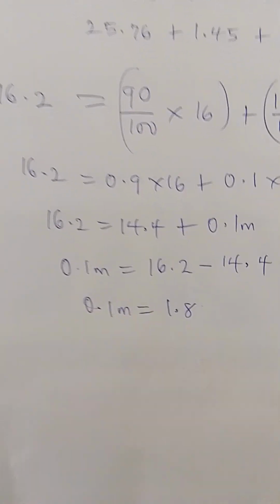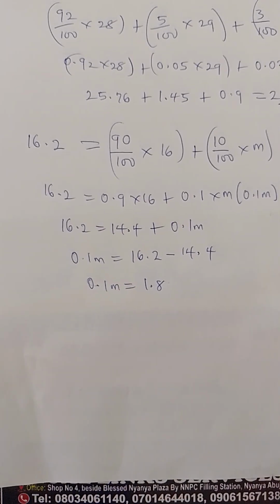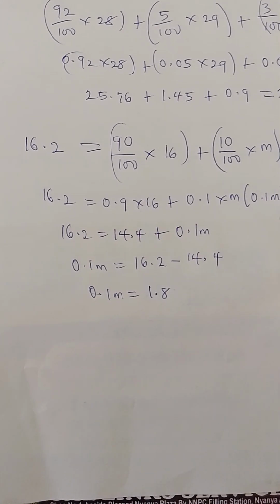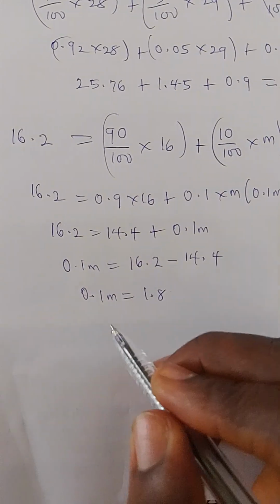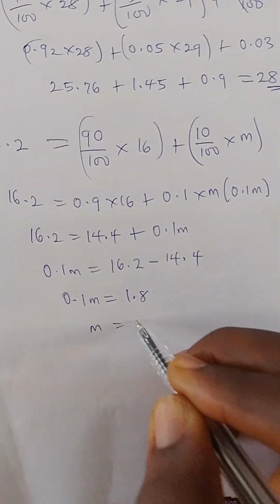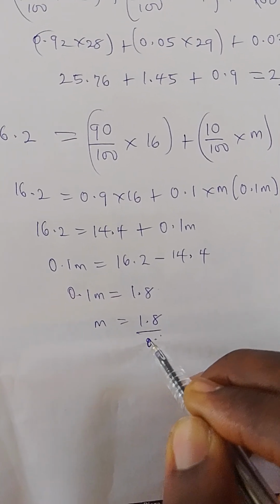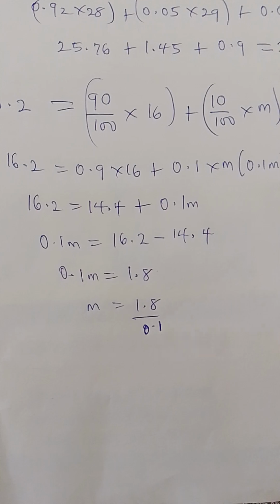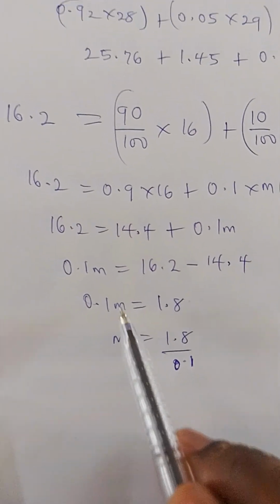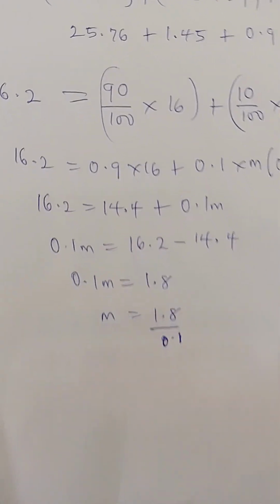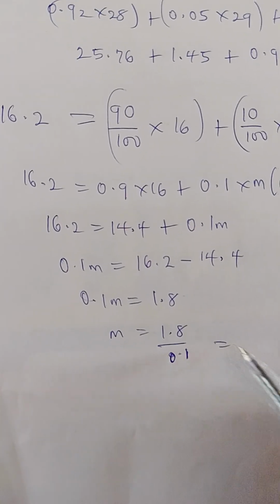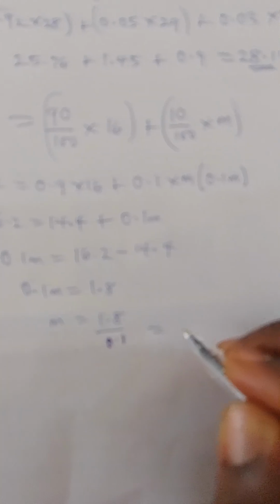So mathematically, we find M by using the coefficient of M. So M will be equal to 1.8 over 0.1, where 0.1 is the coefficient of M. 1.8 divided by 0.1, if you punch with your calculator, that will give you 18.